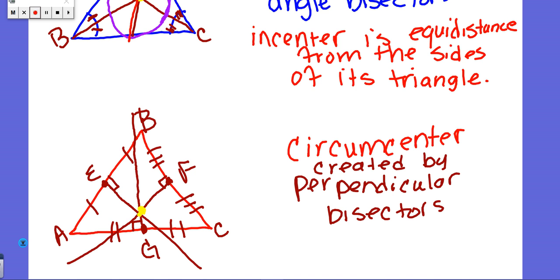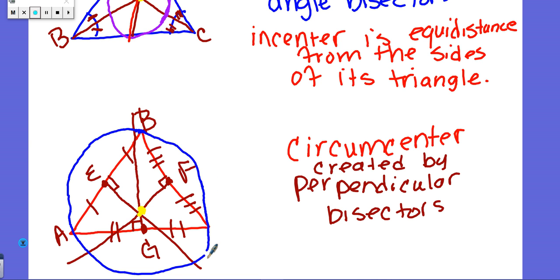Okay, and there's something special about the circumcenter. It has a circle, and my circle's not going to be perfect. It's going to be on the outside, and it's going to go through the vertices of the triangle. So your circle goes through the vertices of this triangle. So what that means is that that yellow point, which is called the circumcenter, and these are facts that you need to know, babies.